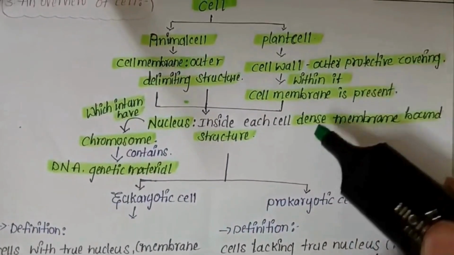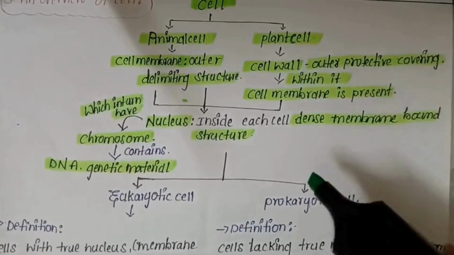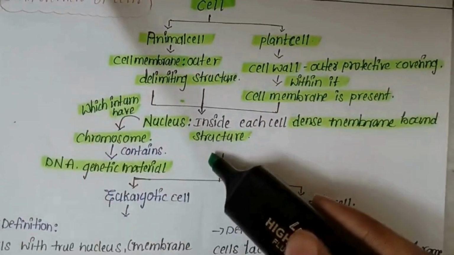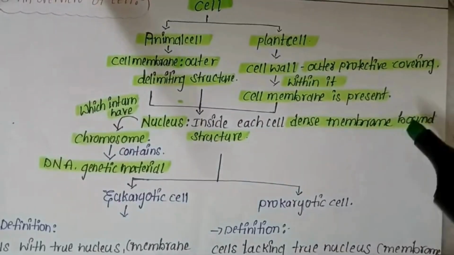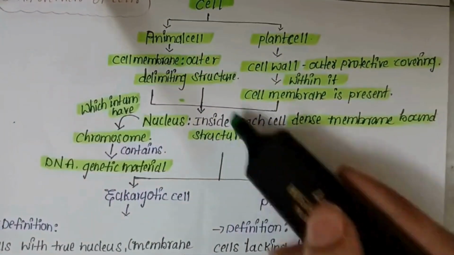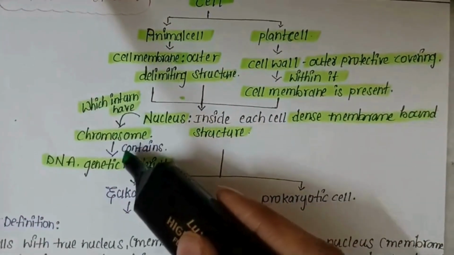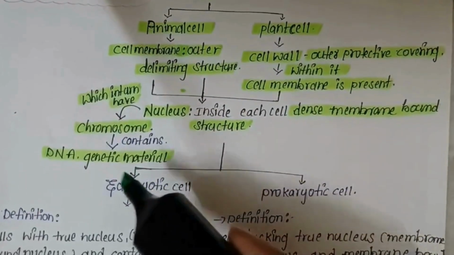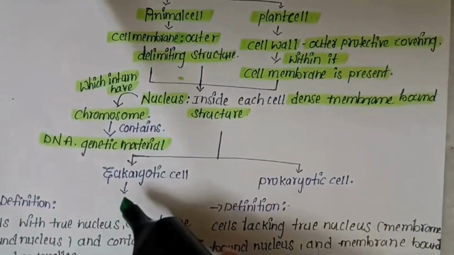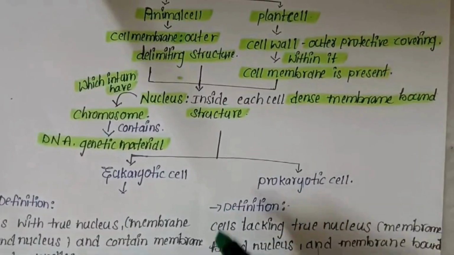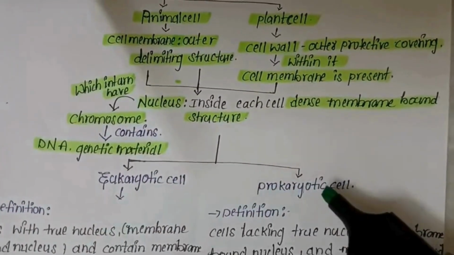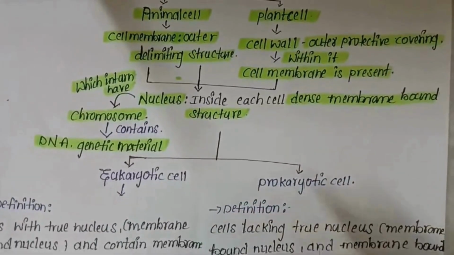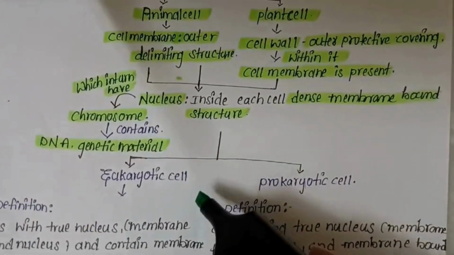Within it, a cell membrane is present. Next, inside the cell is the nucleus, a dense membrane-bound structure, which in turn contains chromosomes, which in turn contain genetic material, DNA. These cells are divided into two types, eukaryotic cell and prokaryotic cell, based on the presence of a true nucleus in it.